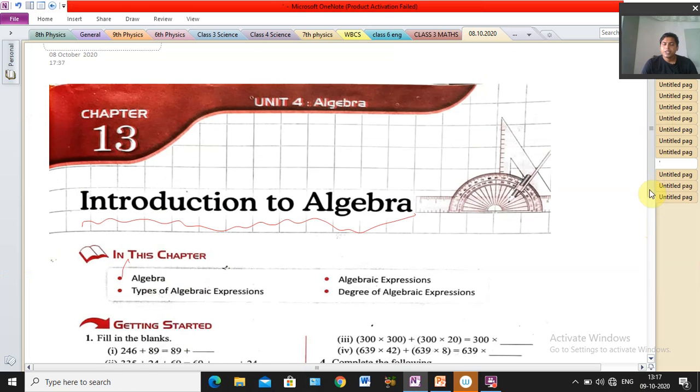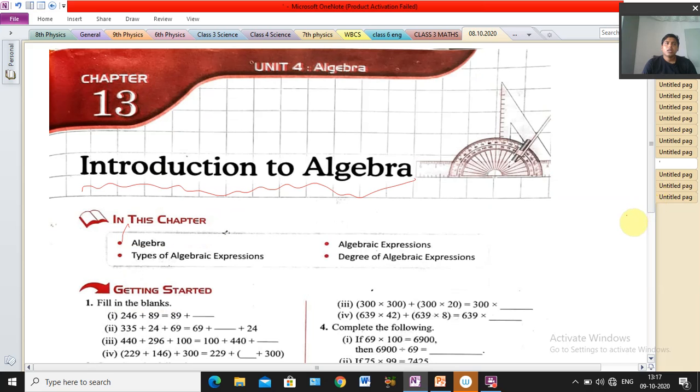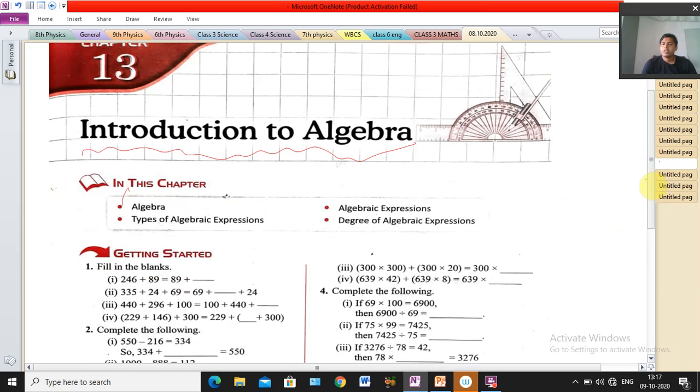So see, in the previous chapter we already learned about the number system. Digits 0 up to 9, all digits, and so many numbers, their addition, subtraction, multiplication and division. So many problems were there.